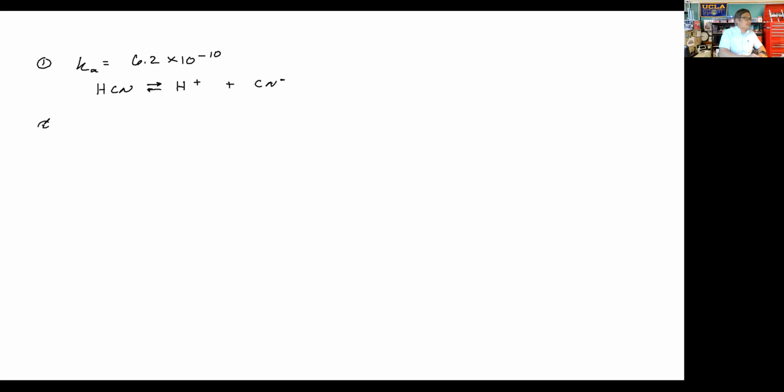The Ka for acetic acid, I'm going to give this to you, is 1.8 times 10 to the minus 5. That refers to the dissociation of HC2H3O2, the equilibrium where you form hydrogen ions and the C2H3O2 anion.